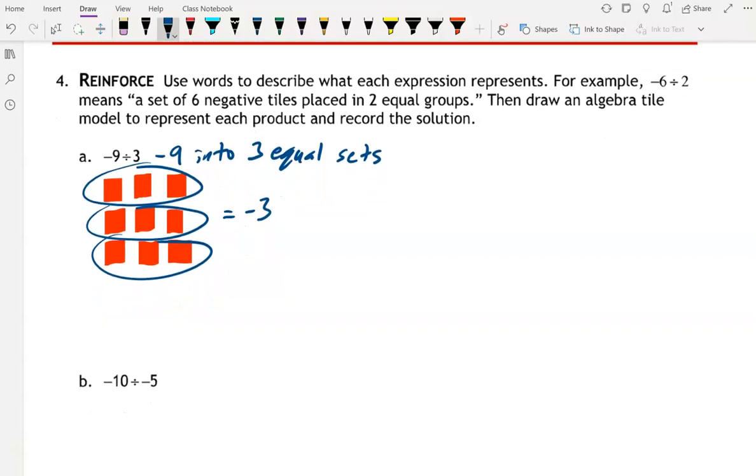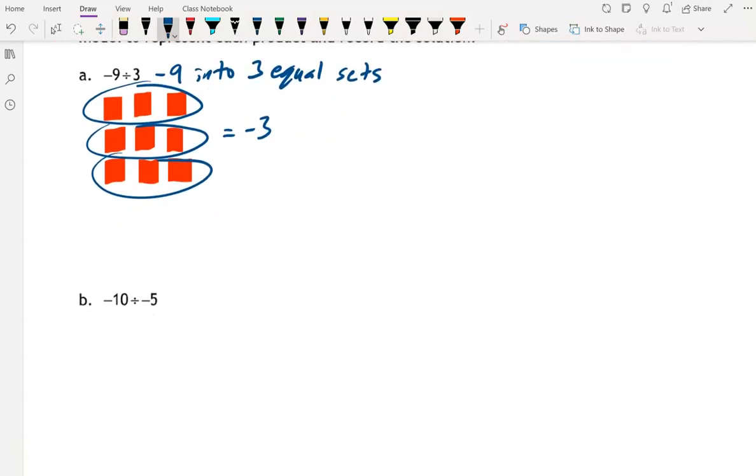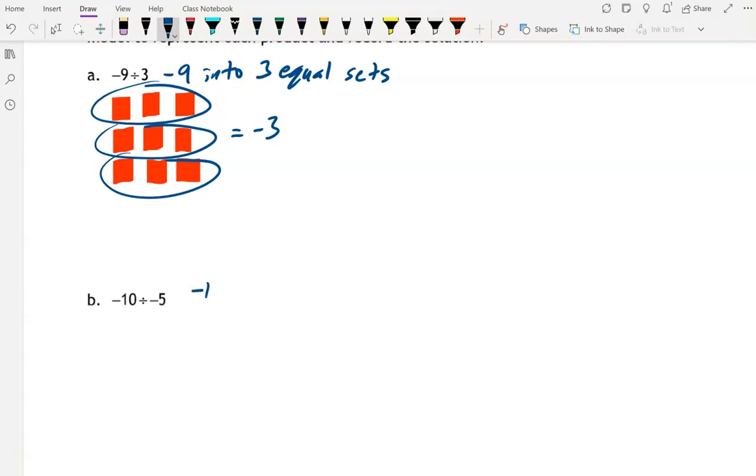Okay? This next one is -10 divided by -5. So what does that mean? Make sure we write this down. That is -10 divided into 5 equal sets. But then we take the opposite of that when we're done. So, starting with -10 into 5 equal sets.